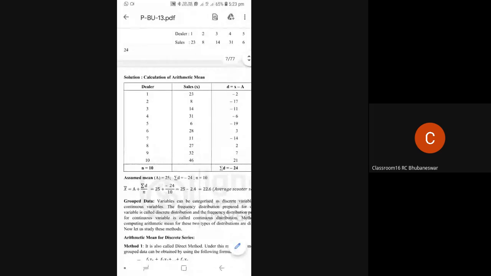So here 25 is the assumed mean, summation d is minus 24 and the number of variables is 10. After simplification, it is 22.6. Okay, 22.6.